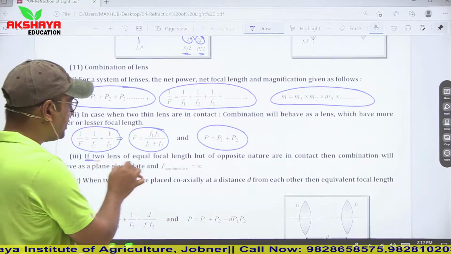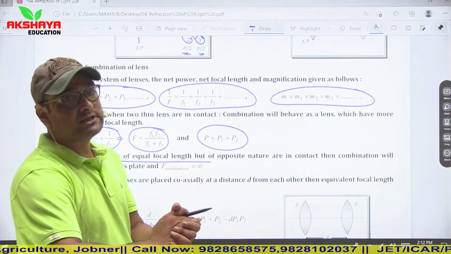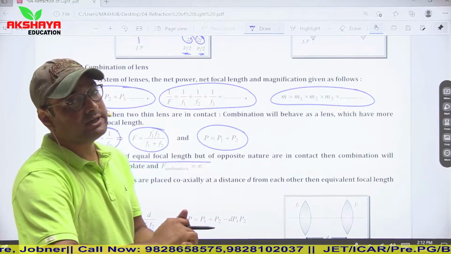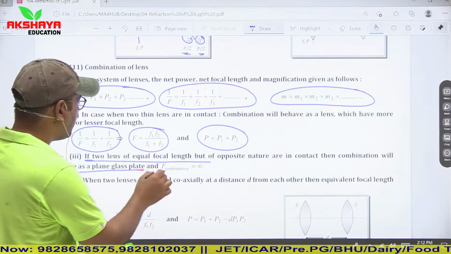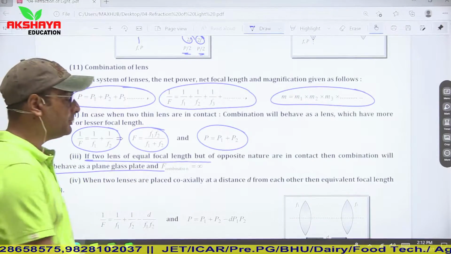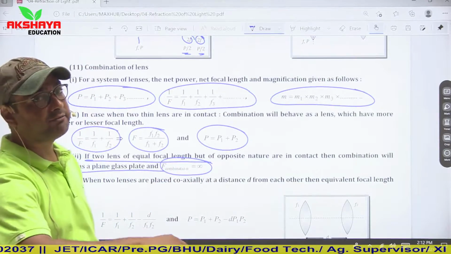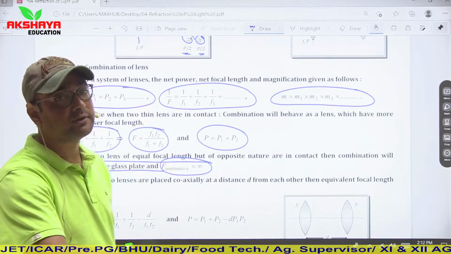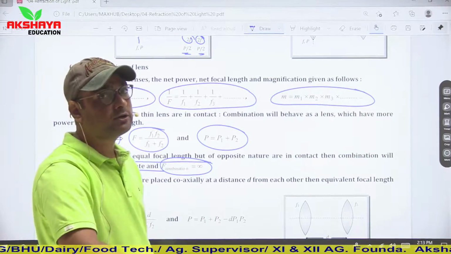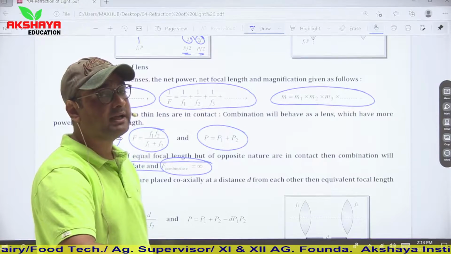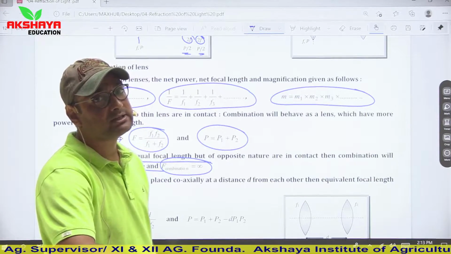If two lenses of equal focal length but opposite nature are placed in contact, that combination will behave as a plain glass plate, because the focal length of the combination becomes infinite, and infinite focal length and infinite radius of curvature are characteristic of plane surfaces. So two lenses of equal focal length and opposite nature combine to behave as a plane surface.